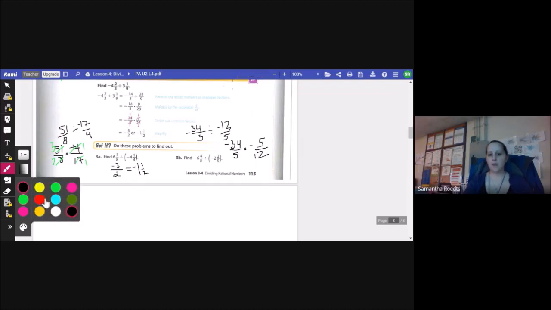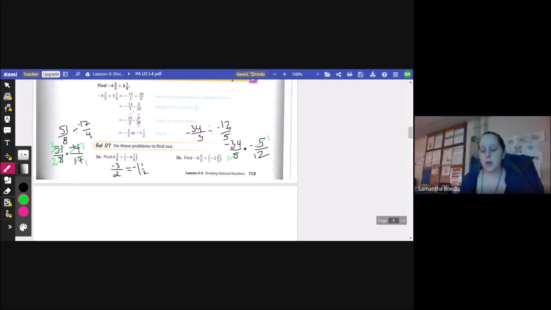Okay, so 5 simplifies. This becomes 1 and 1. And 34 and 12 can simplify. So 34 divided by 2 is 17. So I have 17, and then 12 divided by 2 is 6. Okay, now I'm going to go ahead and multiply.